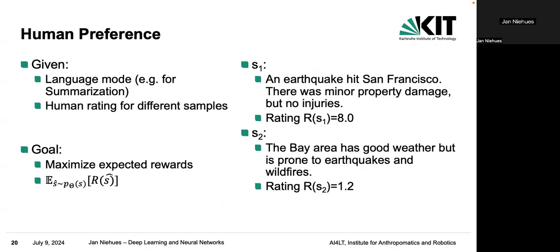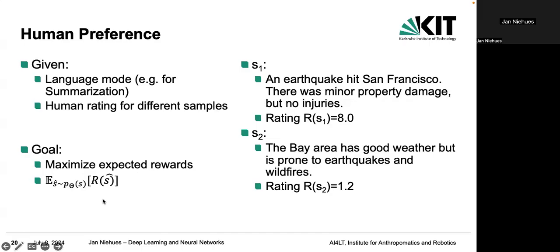So you're searching for the answer S which, according to the model, has the biggest reward. Our model P has a probability distribution over all the possible answers, and now you want to select the ones with the largest reward.